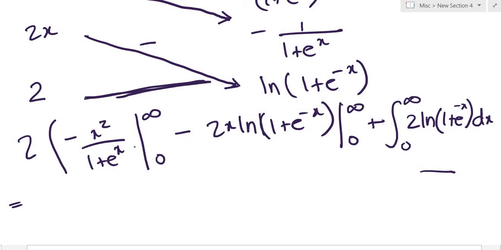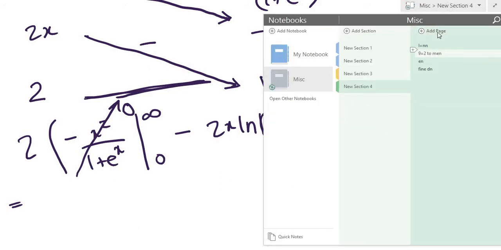When you plug in 0, we have 1 plus e raised to 0, which is 2, in the denominator, and in the numerator we just have a 0. So in both cases, this thing will just go to 0. Now this might seem slightly complicated for the infinity case, so let's just do it properly.